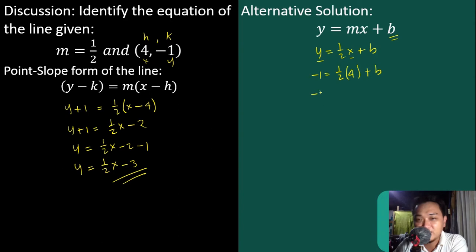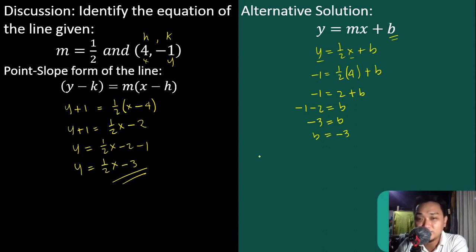So we have negative 1 is equivalent to 1/2 times 4 is 4 over 2, that is 2 plus b. Transpose positive 2, that becomes negative 2. So negative 1, negative 2 is equivalent to b. Negative 1 combined with negative 2, that is negative 3. It's equivalent to b. Our b therefore is negative 3.